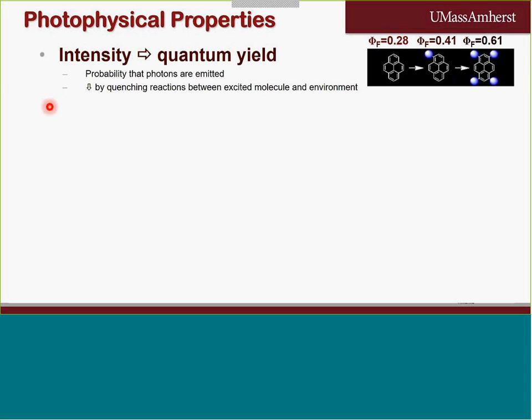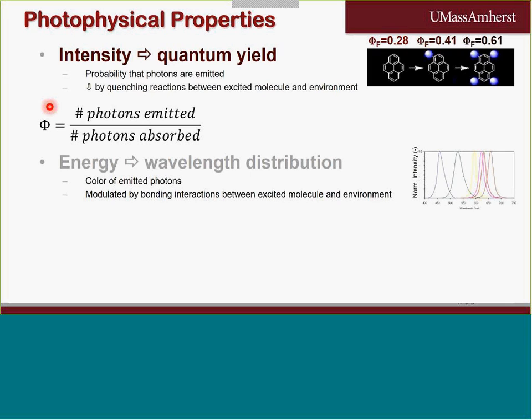Remember that the quantum yield corresponds to the ratio between the number of photons emitted and the number of photons absorbed by a particular compound. Among other important properties is energy, which basically represents the wavelength distribution, or the color of the emitted photon.